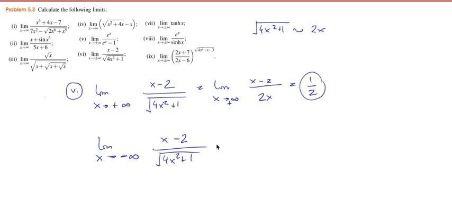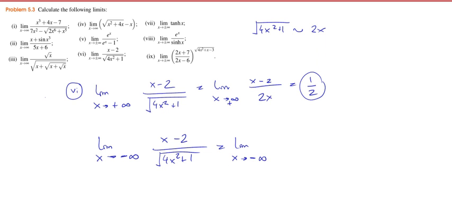Now in this case, what we have is the limit when x goes to minus infinity. This is also asymptotically equivalent to 2x, but now what we have is the absolute value, if you want, right?